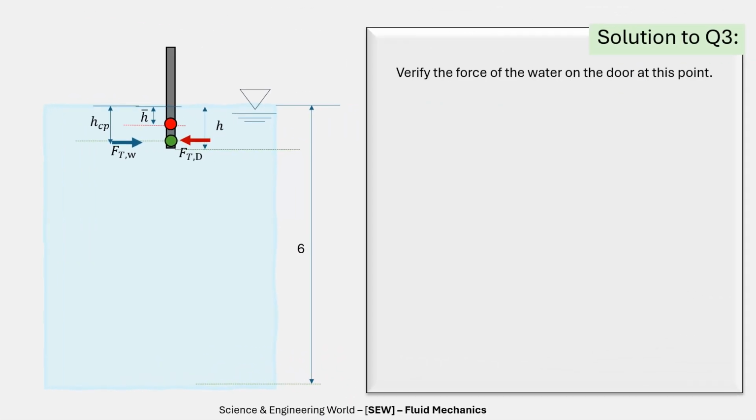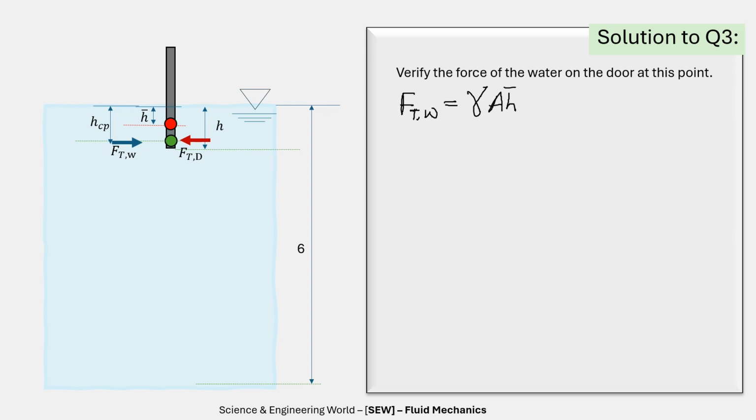Verifying the force of the water on the door at this point, we now have F_T water will be equal to gamma A H bar.